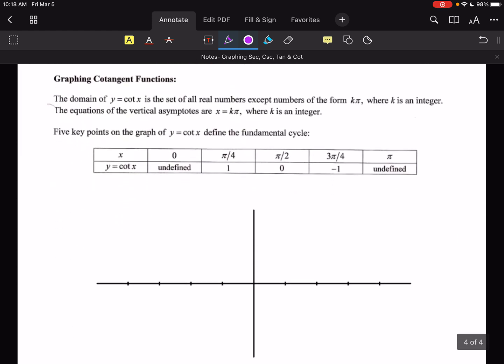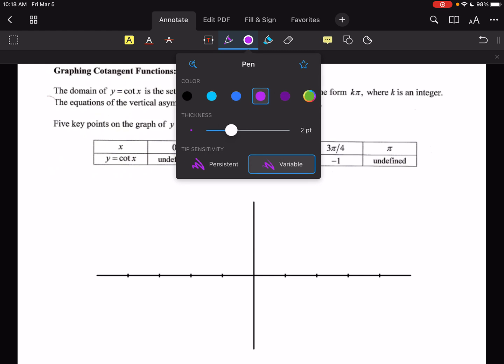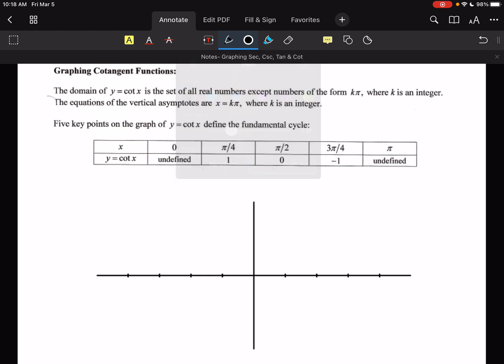All right, so last one, real quick. I'll do cotangent a little faster because it's very similar. It's just that things are in different places because it's the reciprocal of tangent. So cotangent is cosine over sine. When sine of x equals 0 is when I have my undefined.